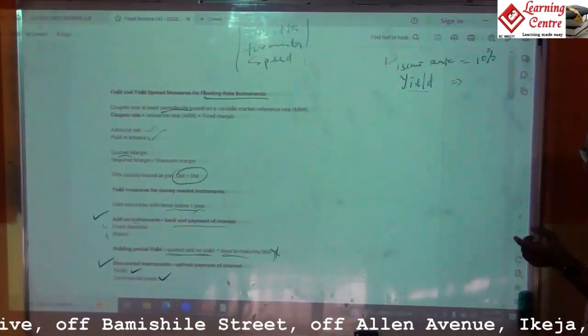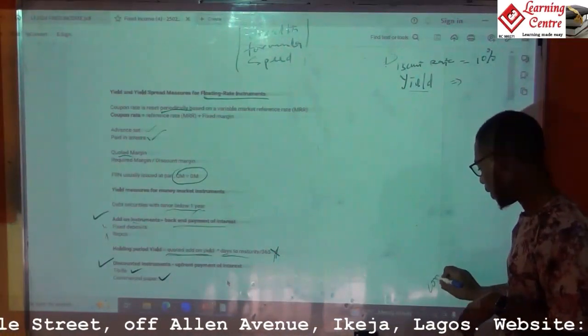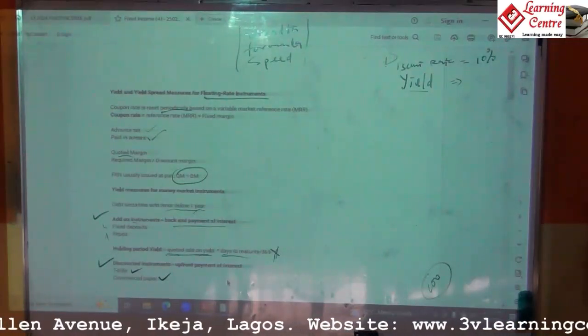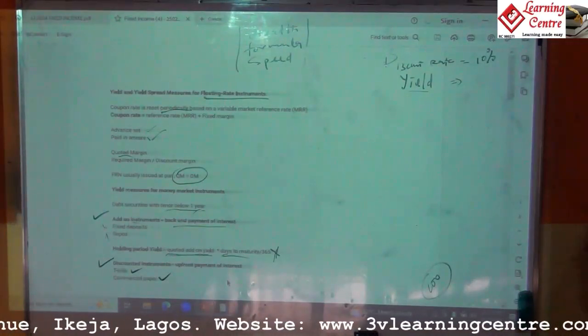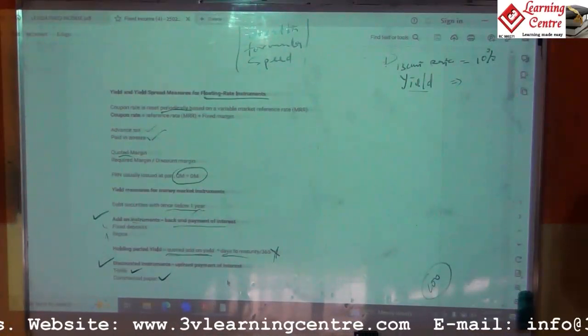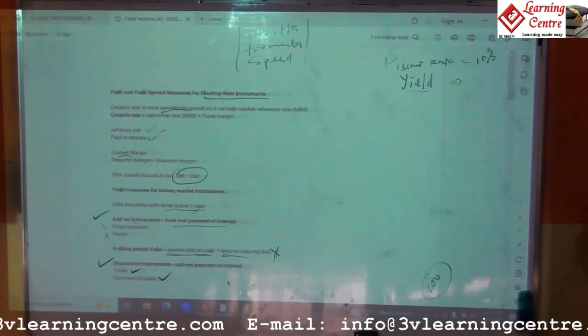Now, why are we calculating yield? Because on the day this man pays me the 100 naira upfront, as a savvy investor, I will not just sit down with the naira. I will put it in other investments, so that my true yield on the 1,000 invested should be more than 10%.